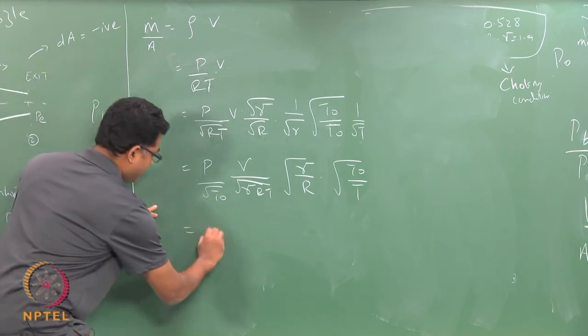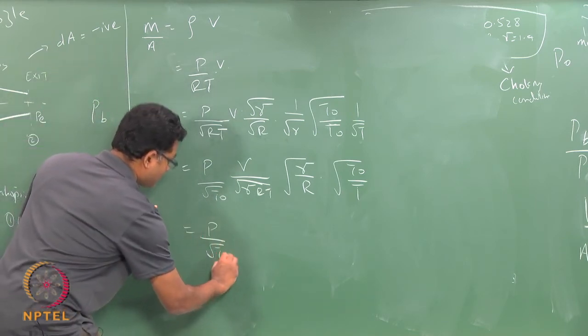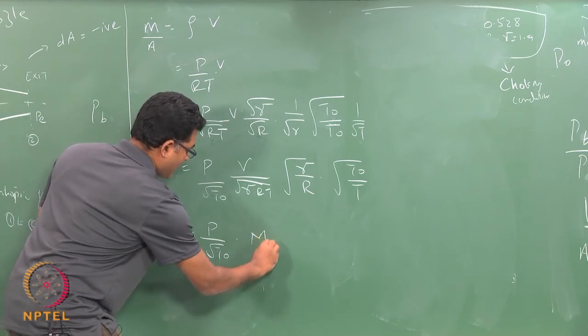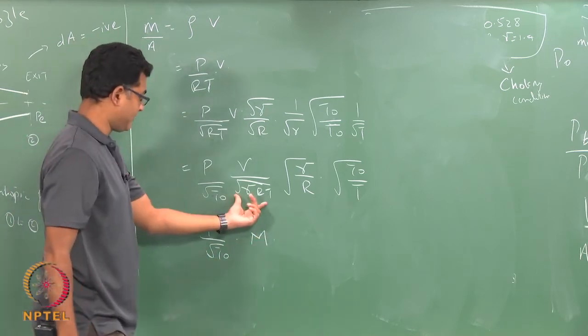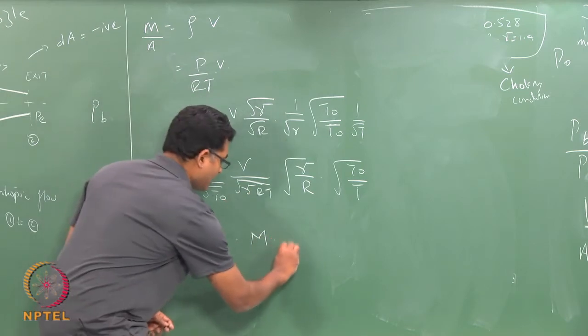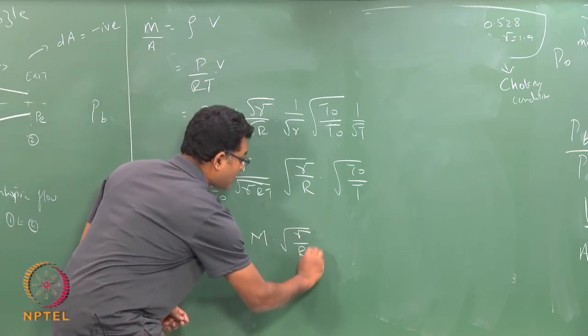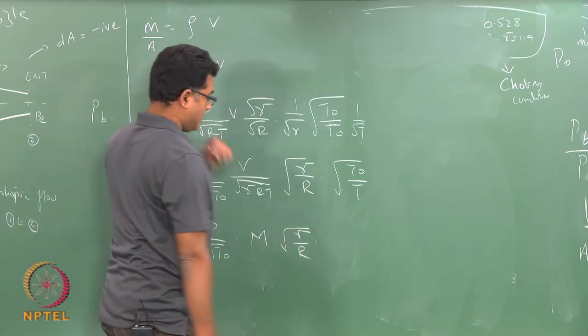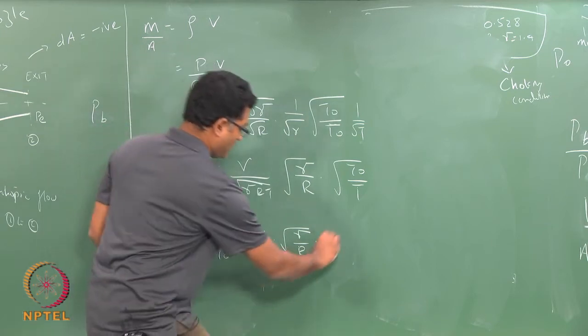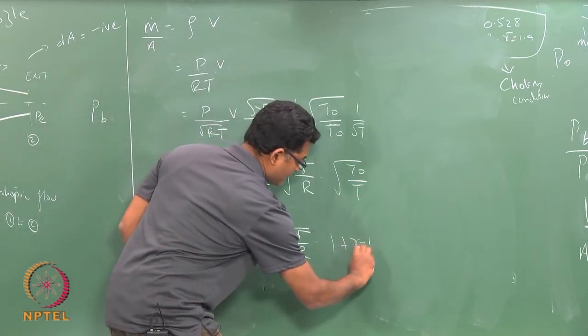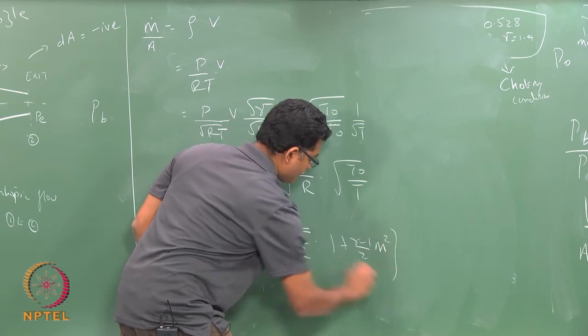So this would be my P by root T0 into M, because this is my velocity of sound, into root gamma by R. T0 by T is 1 plus gamma minus 1 by 2 M square.